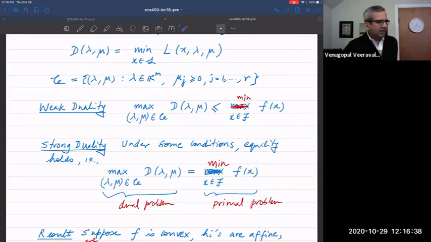So I gave the example of power systems. That's one area where I've seen this really applied effectively, where you could show that there's no duality gap, and even though the original problem was not convex, the dual problem is convex, and it's much easier to solve.